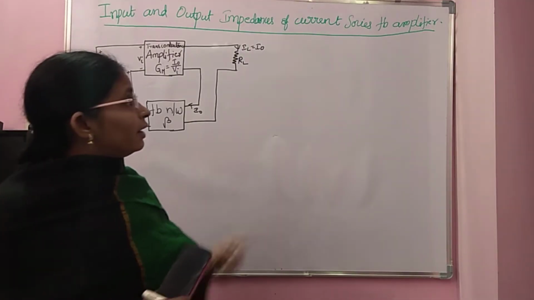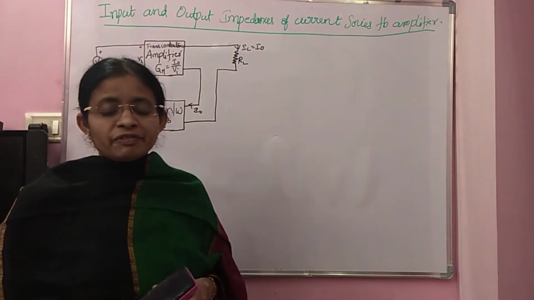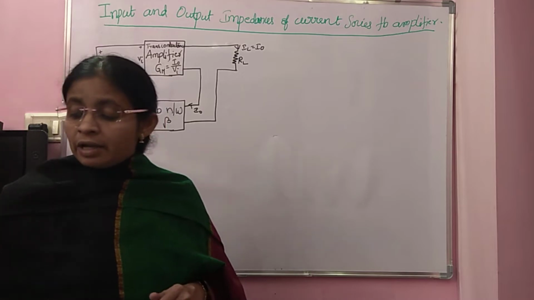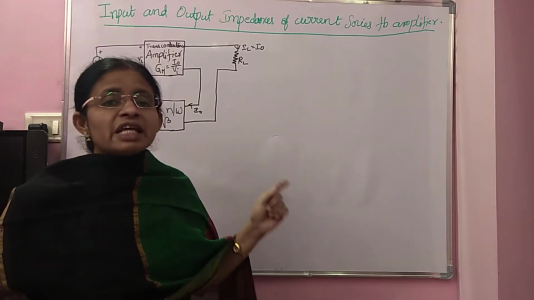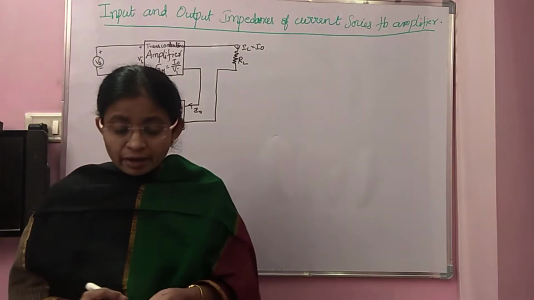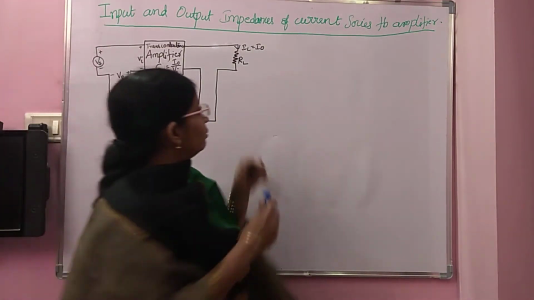Now, we'll find the input and output impedances of this current series feedback amplifier. We know that to find the input and output impedances, you must draw the Thevenin's equivalent circuit of your current series feedback amplifier. So I'll draw the Thevenin's equivalent here.